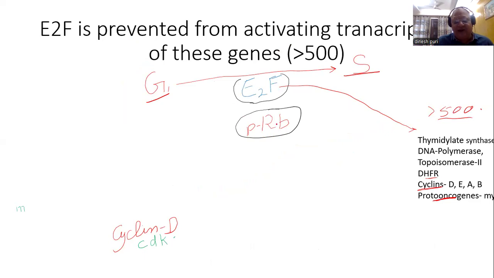So what does pRB do? It binds with the E2F, the activator. Look at my hand movements. pRB binds with it and the binding inactivates it.